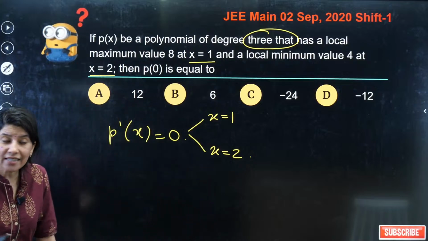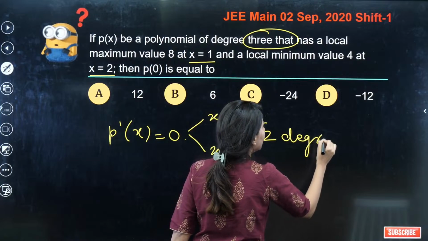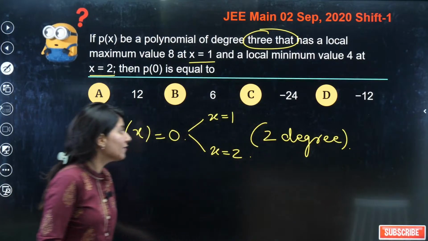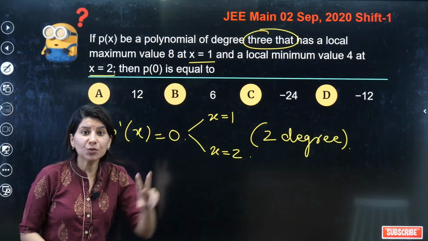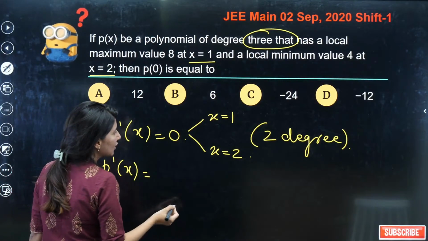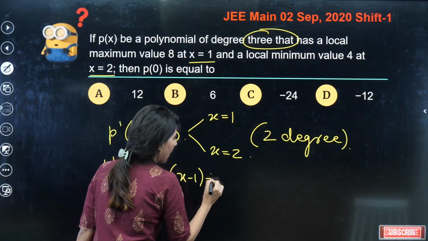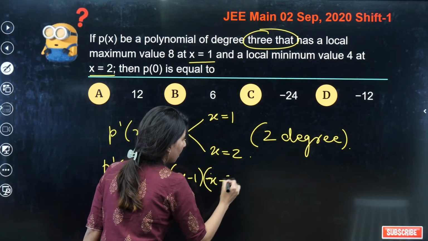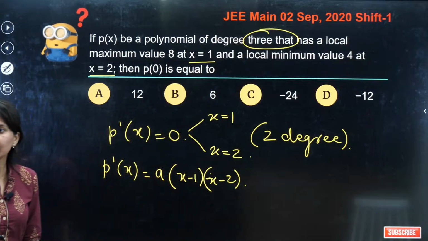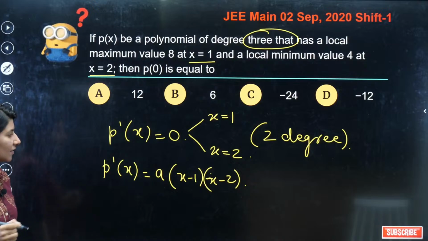If P(x) is a 3-degree polynomial, its derivative will be a 2-degree polynomial. Agree? So now if I have two roots of a 2-degree polynomial, I can just form P dash x. So my P dash x will be what? A times (x minus 1)(x minus 2). Right?